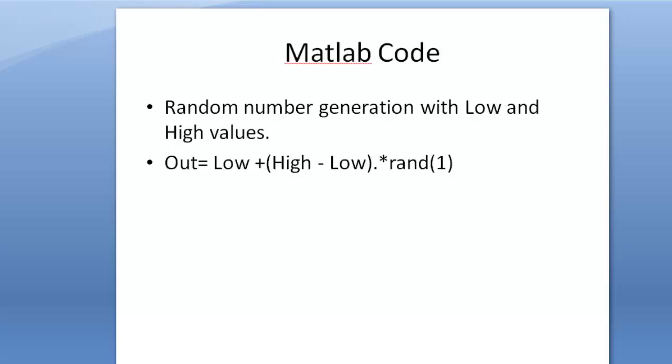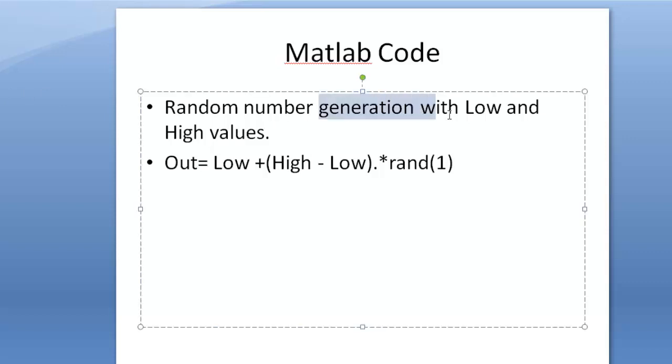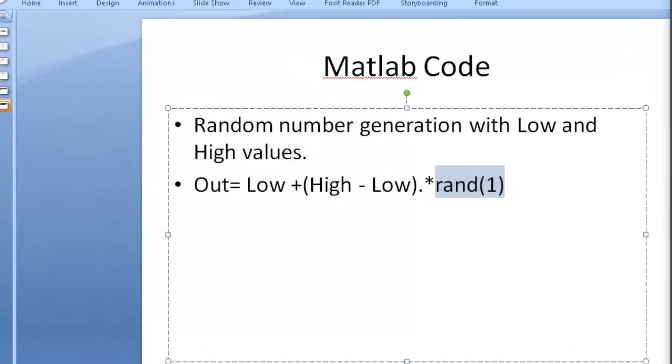Before moving on to the MATLAB code, let's see how to produce random number generation with low and high values in MATLAB. It's similar in other languages also. The output equals low plus (high minus low) times rand of 1. So it produces a random value between the low and high values. Okay, let's move on to the code.